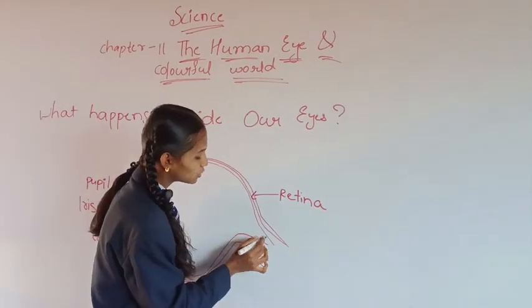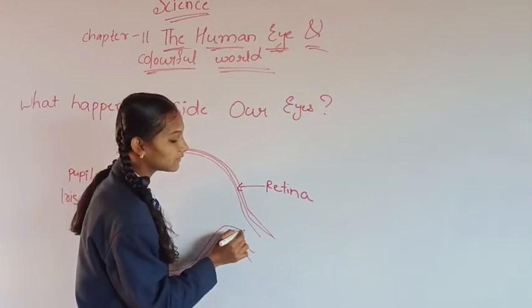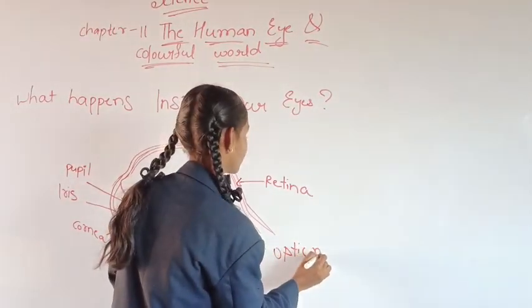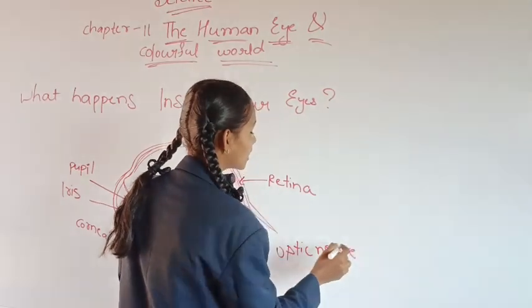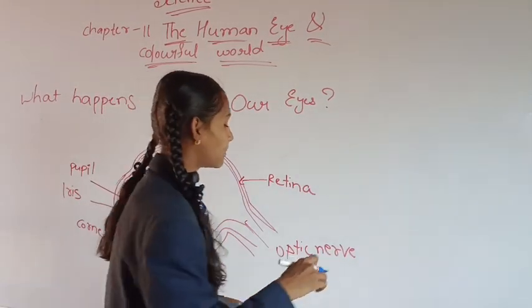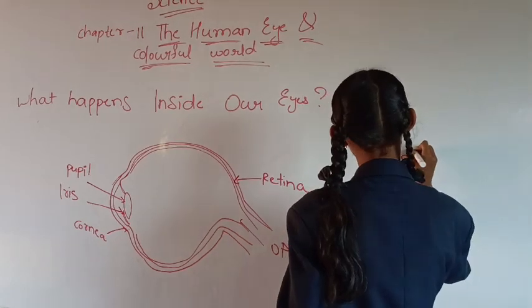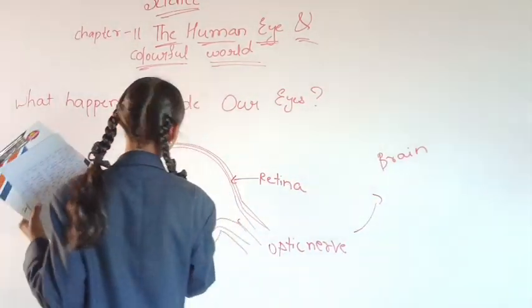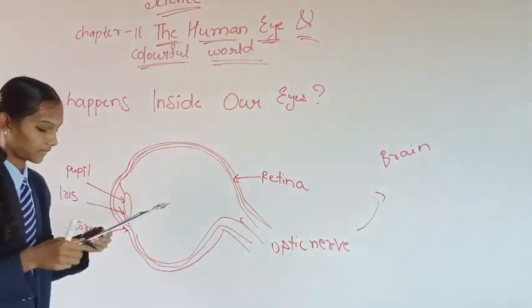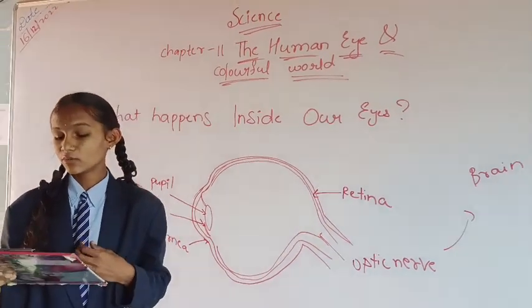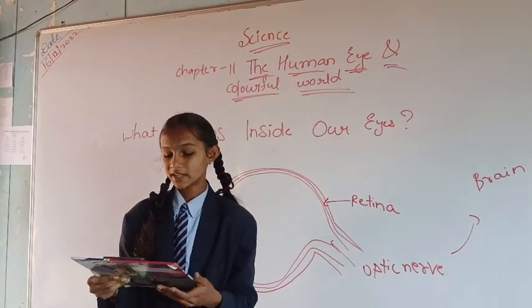Then the optic nerve passes the message to our brain, which lets us finally see an object.